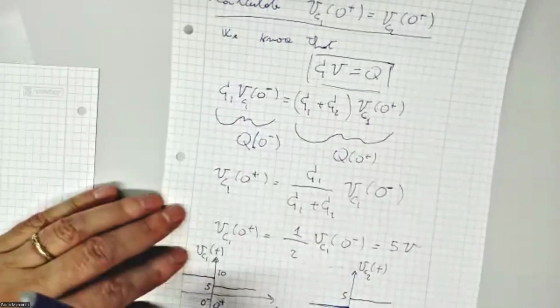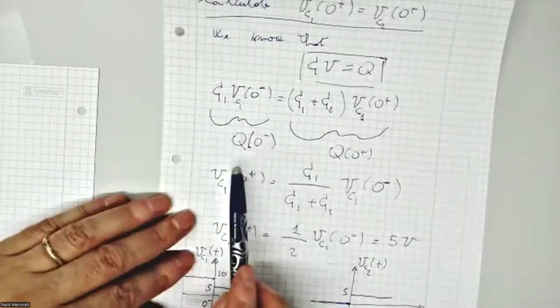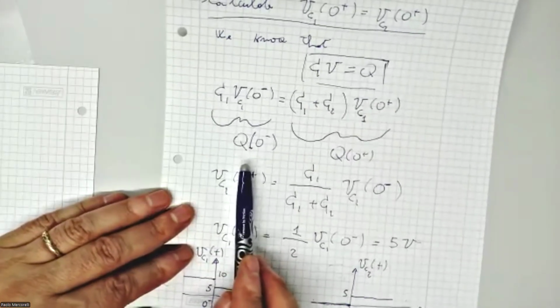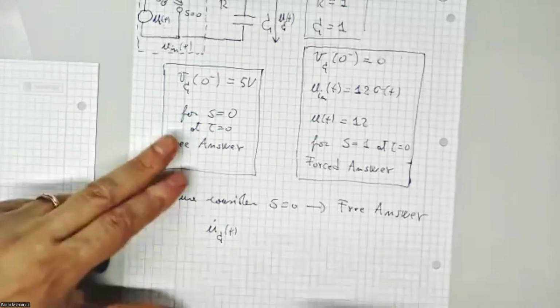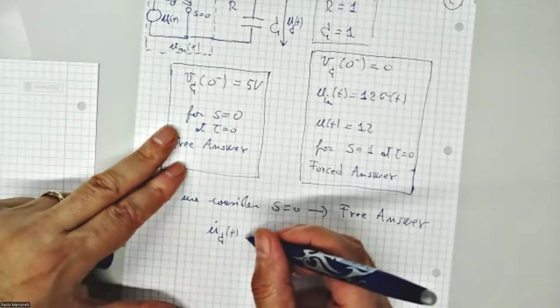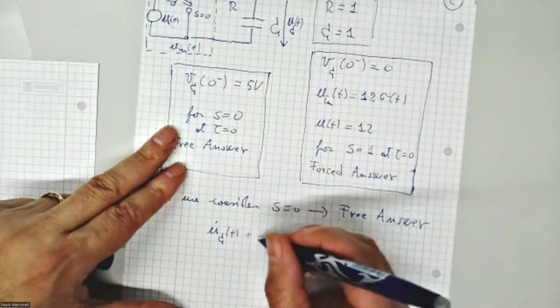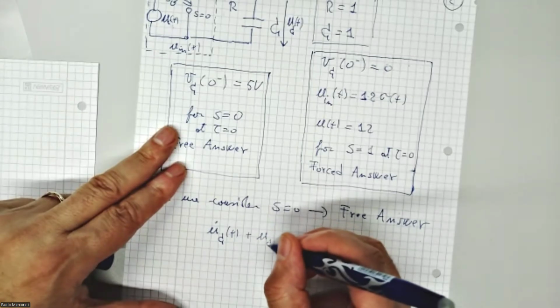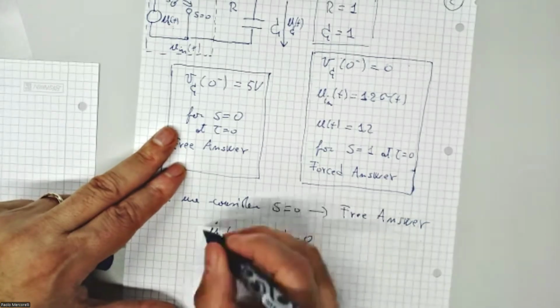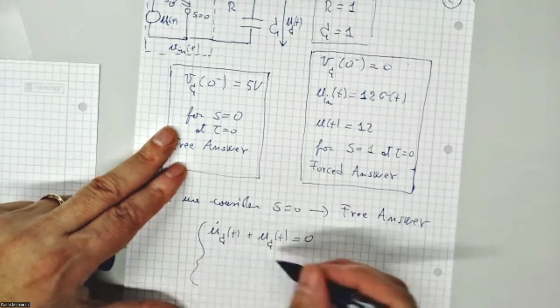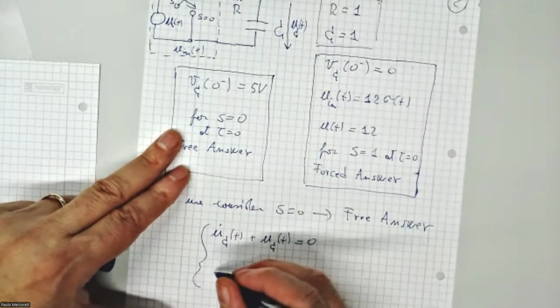The load is close to the energy. I don't know if you remember this. Plus u c of t equals 0. Now I clarify this, but I already told you about this.